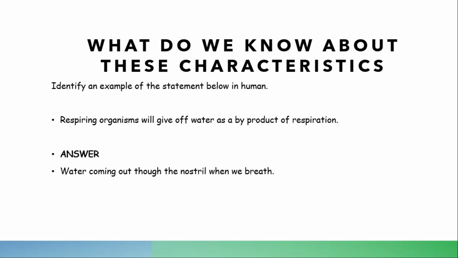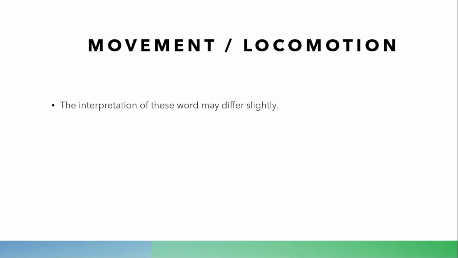Answer: water coming through the nostril when we breathe. That would be an example of respiration, water being given off. And we could test this simply by putting a mirror to the nostril. We usually call it a smear test. You put a mirror to your nostril and you'll see it is smeared by the water droplets coming from the nostril.